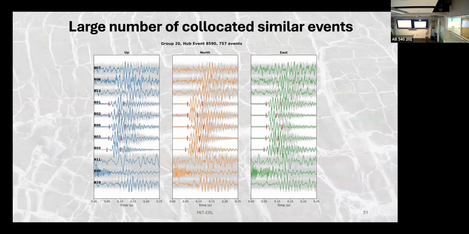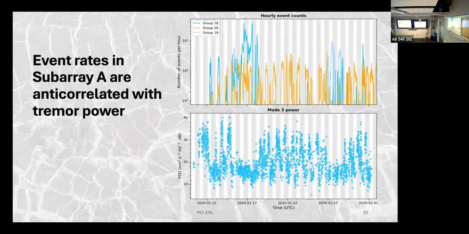And here is another example observed in a different subarray. What's more interesting is that their occurrence seems to have an anti-correlation with the power of the tremor. The lower panel shows the mode 3 power, the one you saw before, and on top I'm showing the occurrence or event rate of 3 event groups. The blue ones happened within array A, which is closer to the tremor source.